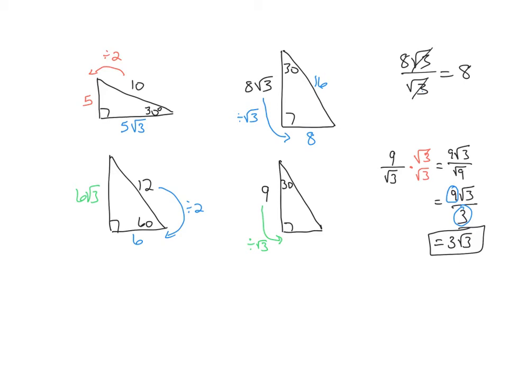Okay, and that goes on the bottom down here. And then if I need to go back up, I'm doing times 2. Now it's the number in the front times 2, so it's just 6 square root of 3.